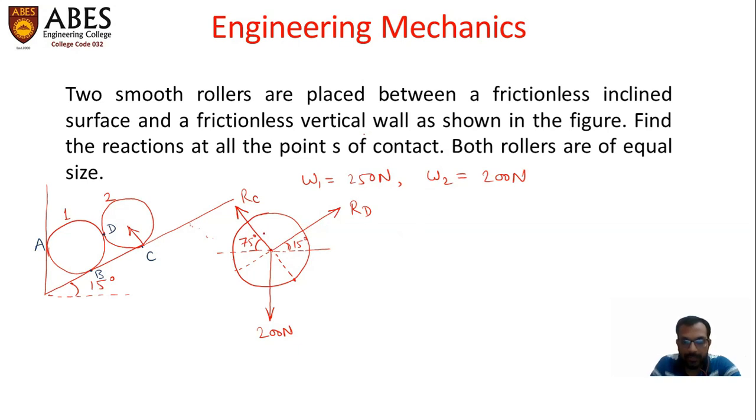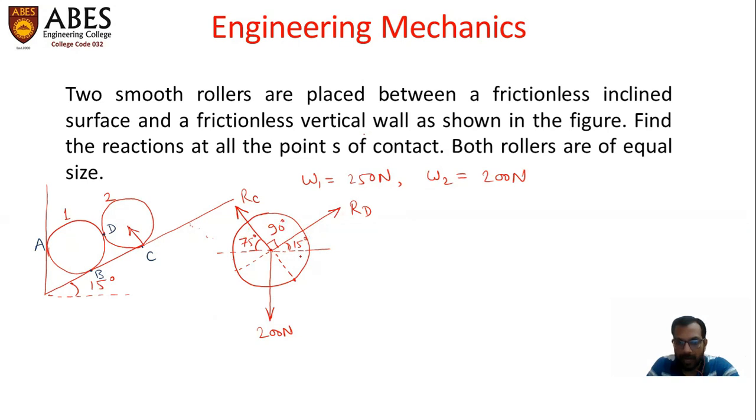Before applying Lami's theorem, we need to calculate the intermediate angles between any two consecutive forces. So clearly this angle is 75, this angle is 15. Therefore, this angle will be 90 degrees.